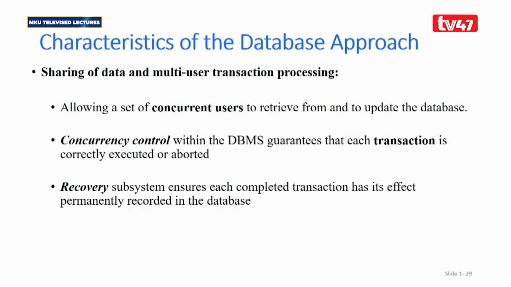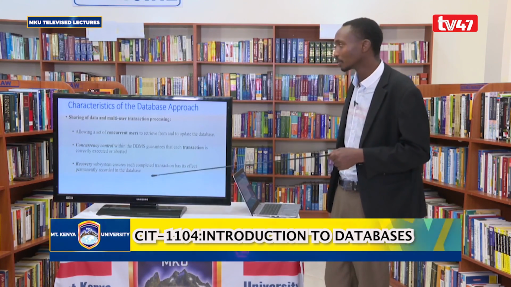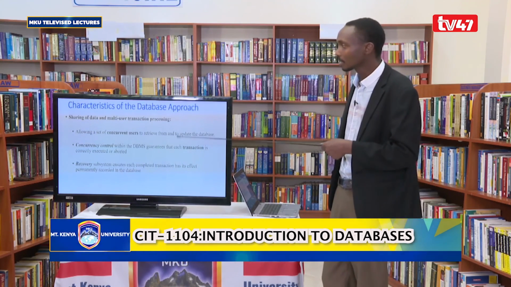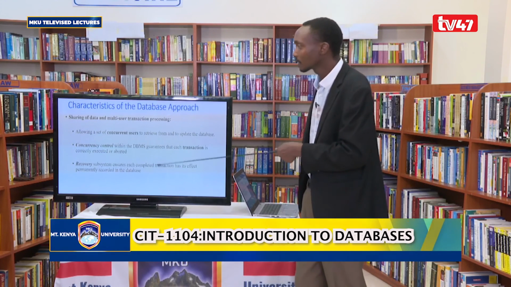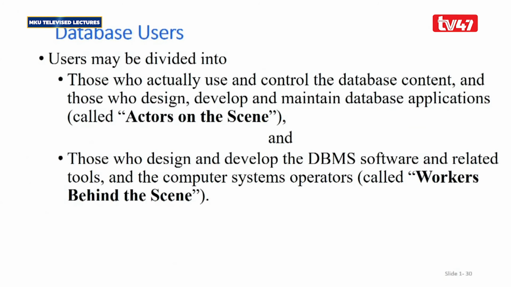These are just a few of the characteristics of the database approach. There are so many others in terms of, for example, redundancy, consistency, security, and so on. There are so many advantages that relate to the characteristics that go together with this database approach.